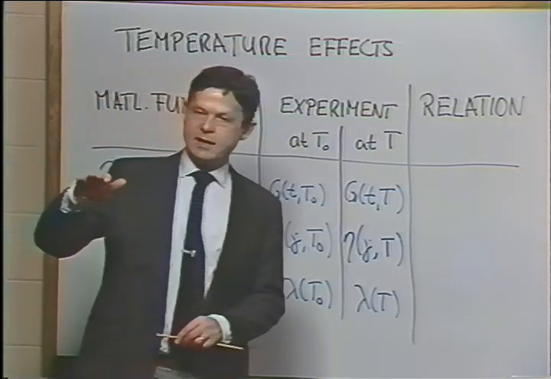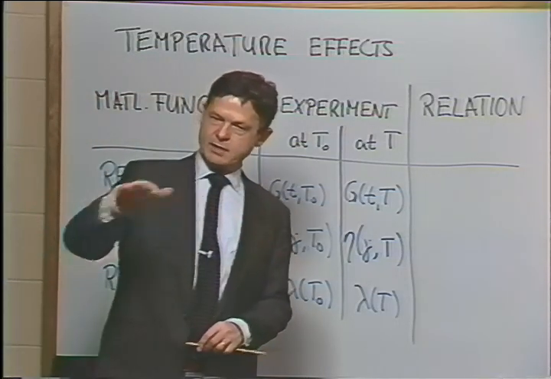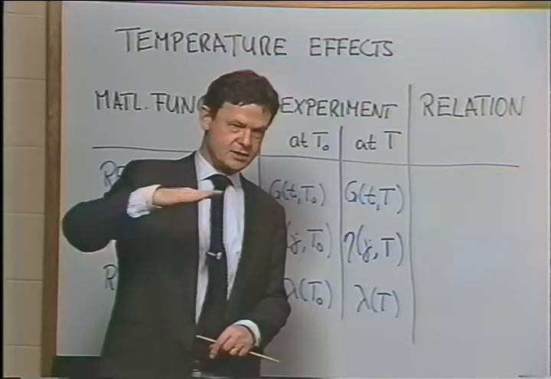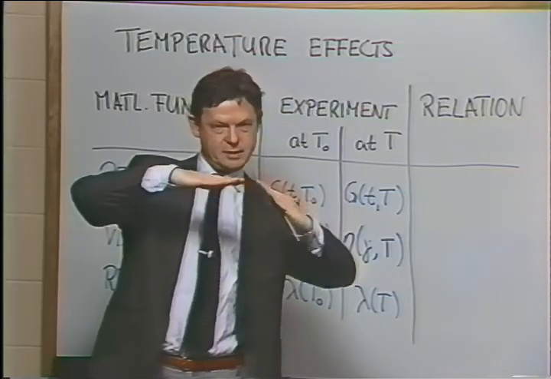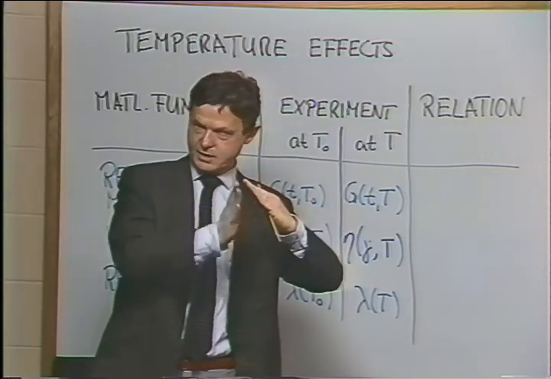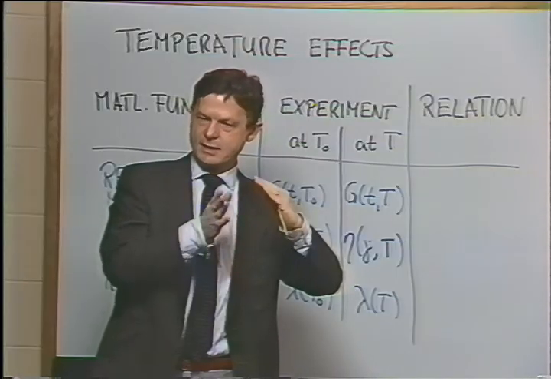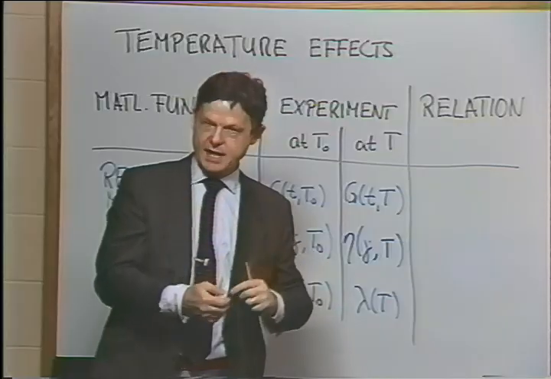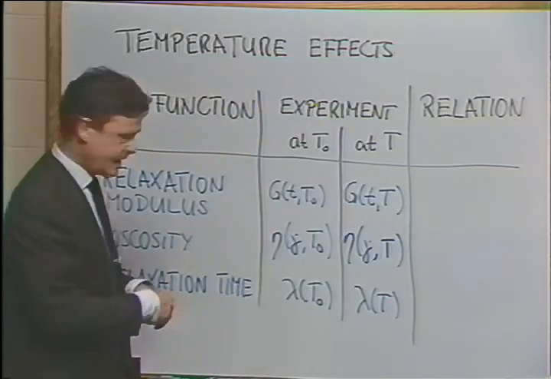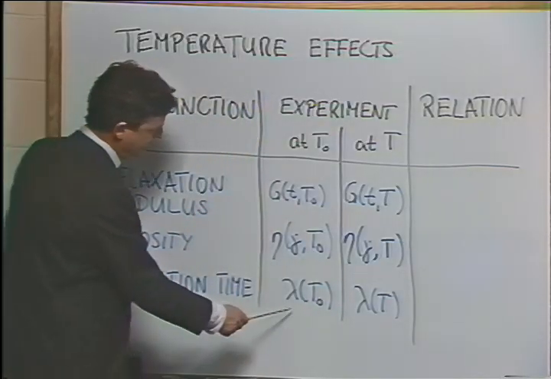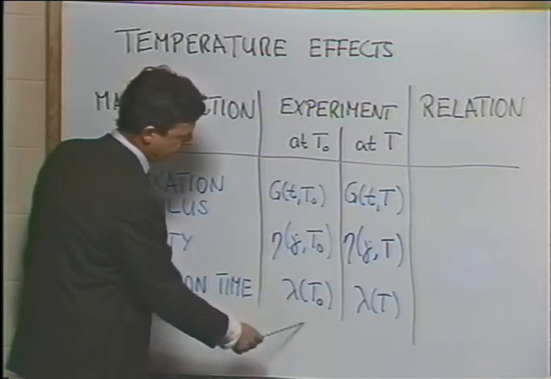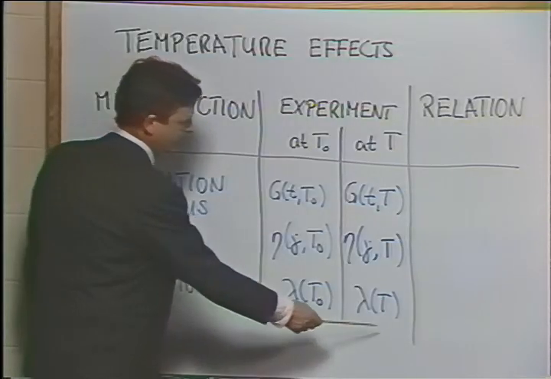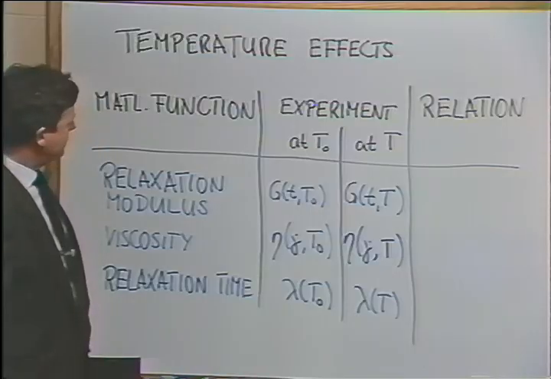That could be the break-off time in the viscosity curve, the transition from the zero shear viscosity to the power law. That transition indicates a characteristic time. This characteristic time is the inverse of the shear rate at this level. And you could now describe the temperature dependence of this time in some fashion.